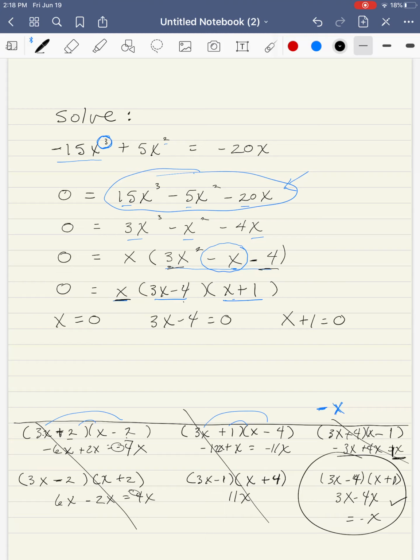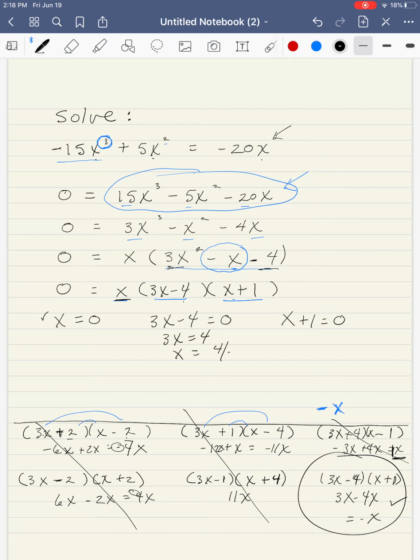Do not forget that this x is one of my factors, so I set it equal to 0, and I get a solution that x equals 0. And if I look back at the original equation, I see if I put a 0 here, here, and here, I would have 0 equals 0, and that is a solution.